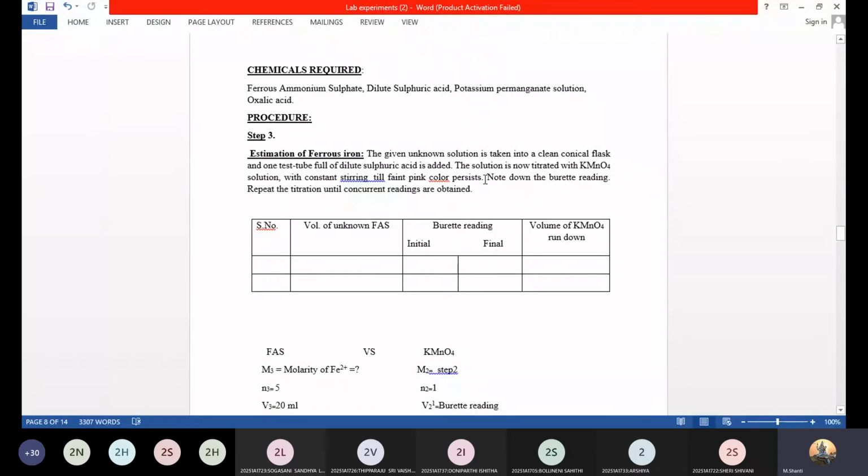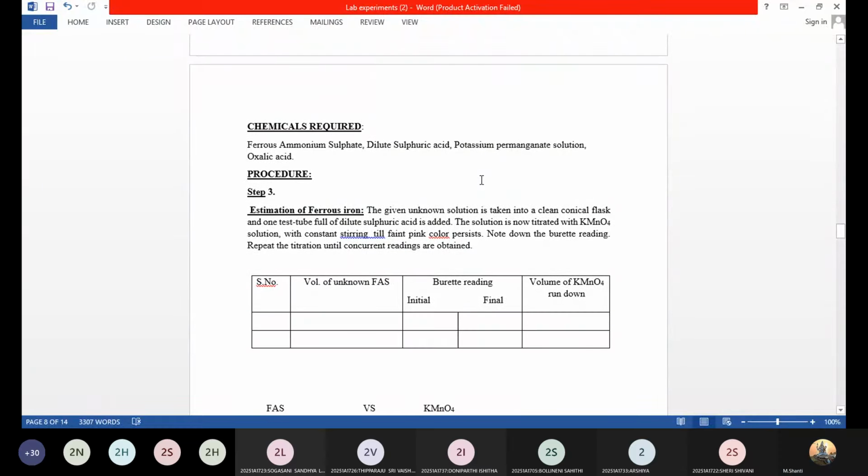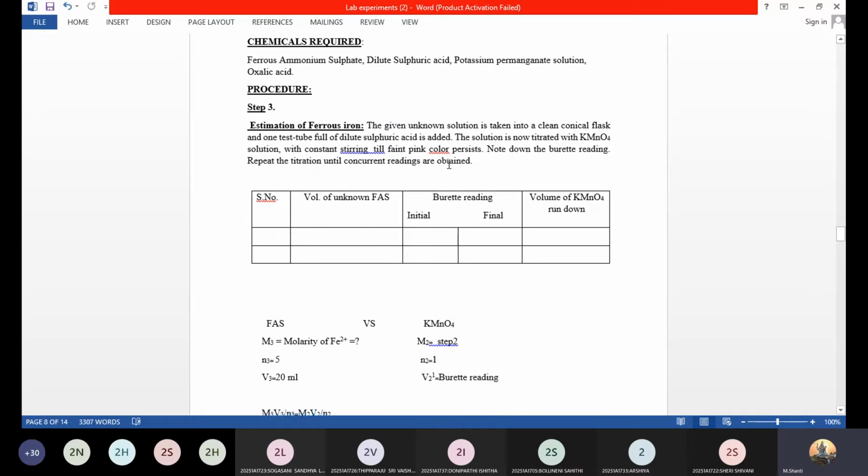Because here we are not using any indicator. A change in color. How is that possible? Because we are not using any indicator, no?